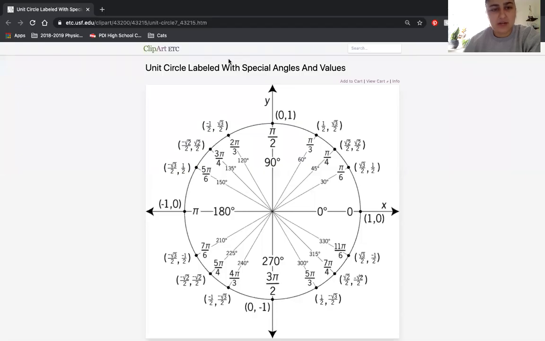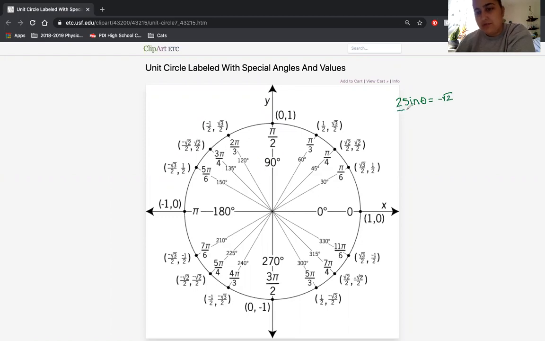The last thing we're going to cover right now is solving trig equations. If I give you an equation that looks like 2 sine of theta equals negative root 2, I want to get sine of theta alone.